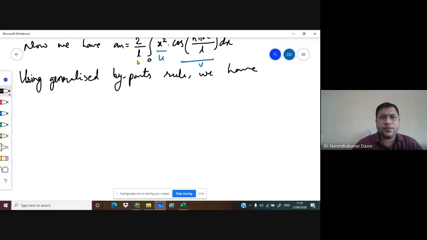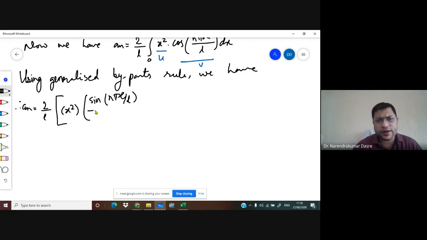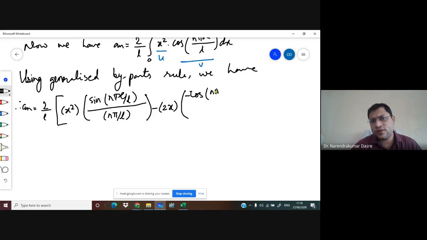So an is equal to 2 by L, and here this x square remains as it is. So the integration is going to be sine of n pi x by L upon n pi by L, then minus the derivative is 2x, and here we have minus cos of n pi x by L upon n pi by L whole square.